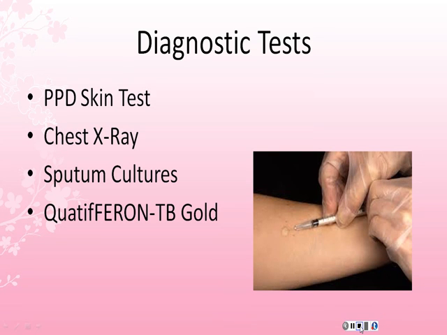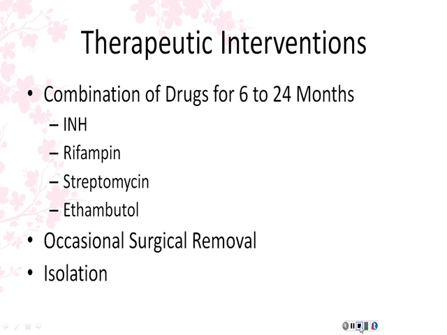So therapeutic interventions, there's a list of antibiotics that are used to treat TB in your book. It's on page 644, box 31-3. But there's a combination of drugs that are taken anywhere between 6 and 24 months.